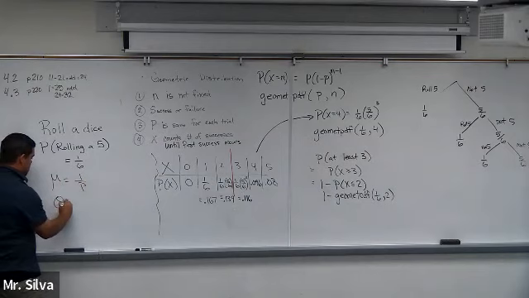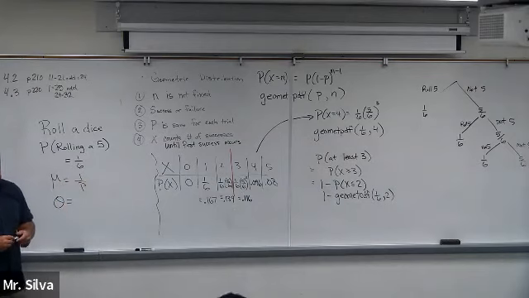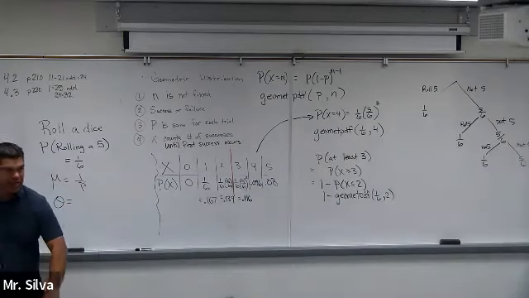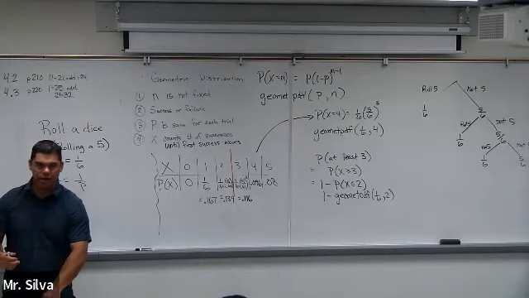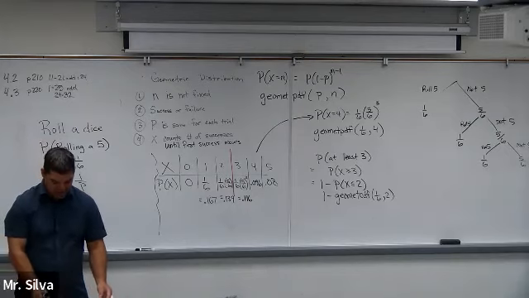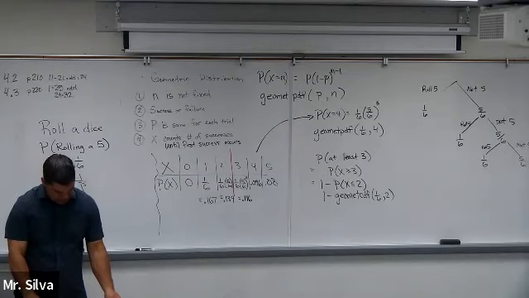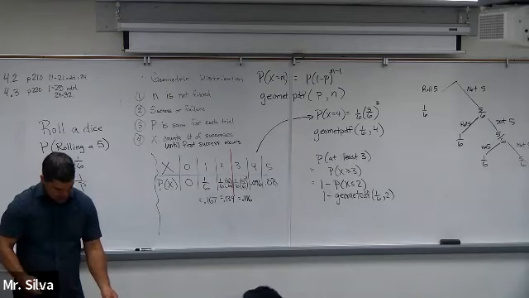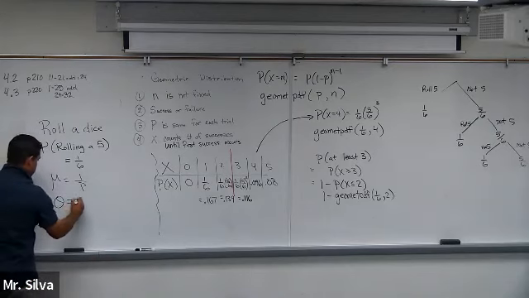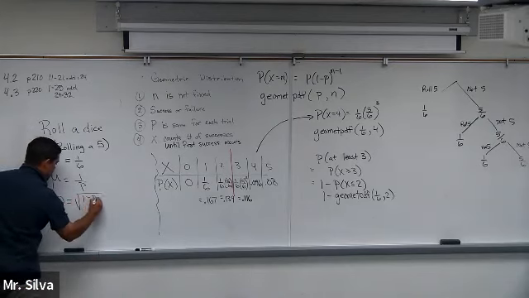And these things are not really in the book. They're not in the definitions until the problem set, which is on page 222. The standard deviation is the square root of 1 minus p over p squared.